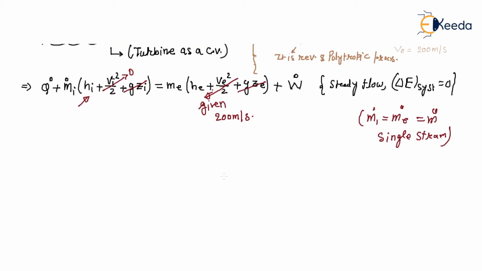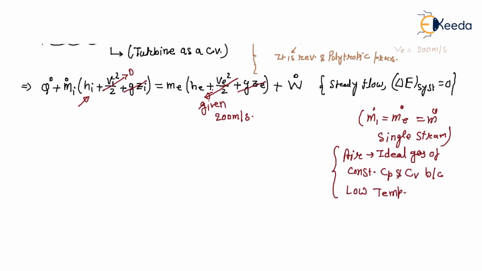So Cp and Cv are kept constant, since air acts as an ideal gas with constant Cp and Cv, because of the low temperature range. So put all this value.